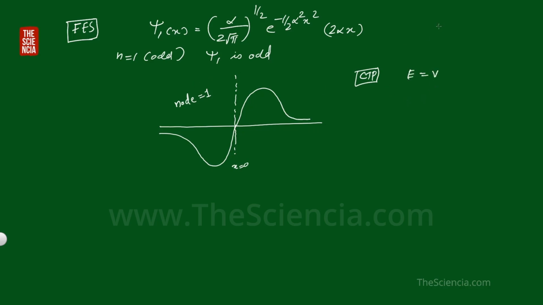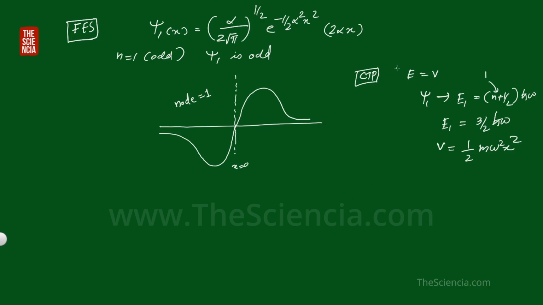Here the wave function is psi 1. So the corresponding energy is E1, that is equal to (n plus half) h cross omega, where we have to substitute n is equal to 1. That is, we will get E1 is equal to 3 by 2 h cross omega, and we know V is equal to half m omega square x square.